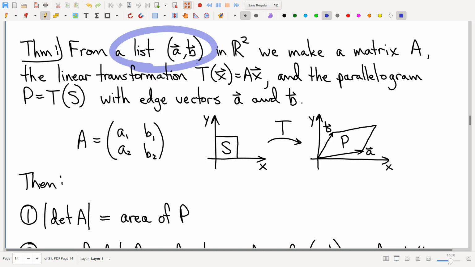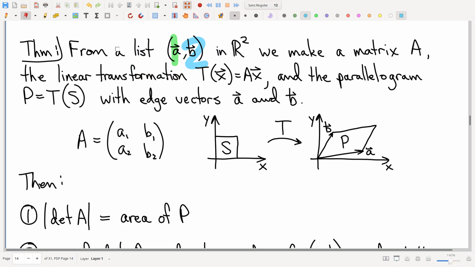None of which actually makes any statements. That's just stuff that I want to talk about in the conclusion of the theorem, but I do need to kind of talk through what is all this stuff that I will be talking about in the theorem. So starting with the list, again, whatever vector is first, whatever vector is second, what we're going to do to that list is we're going to make a matrix.